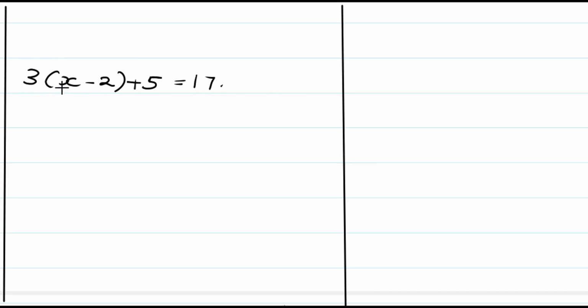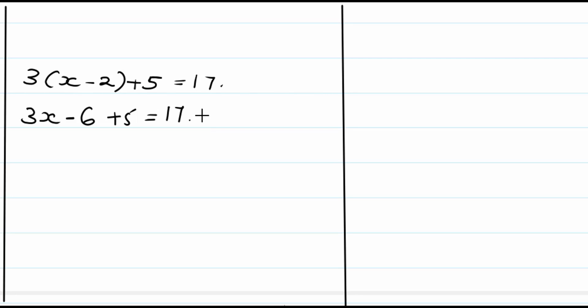So it will be 3 multiplied by x, which is 3x, then minus, because here we have a negative, 3 multiplied by 2, which is 6. We have opened the brackets, then plus this 5. The 5 was not inside the bracket, so we do not multiply it by 3. Then it equals 17.